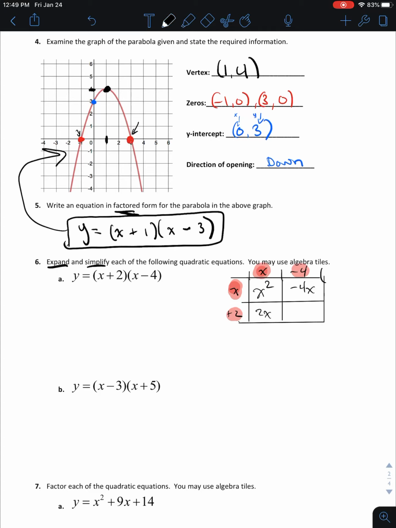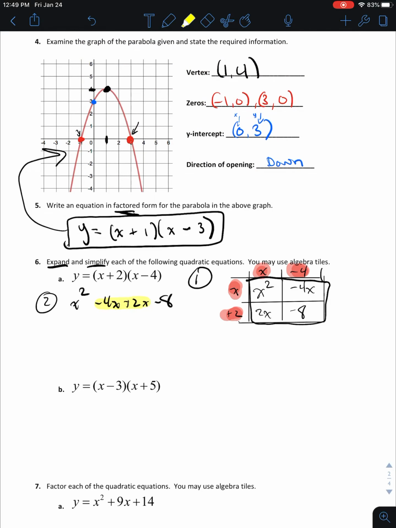Positive 2 multiplied by x, that fills out this box here, is going to give me 2x. And positive 2 multiplied by negative 4 is going to give me negative 8. And so my next step, this was always step 2 as we did the review for the test, was to take the 4 things on the inside and write them in one line. So it's x squared minus 4x plus 2x minus 8.